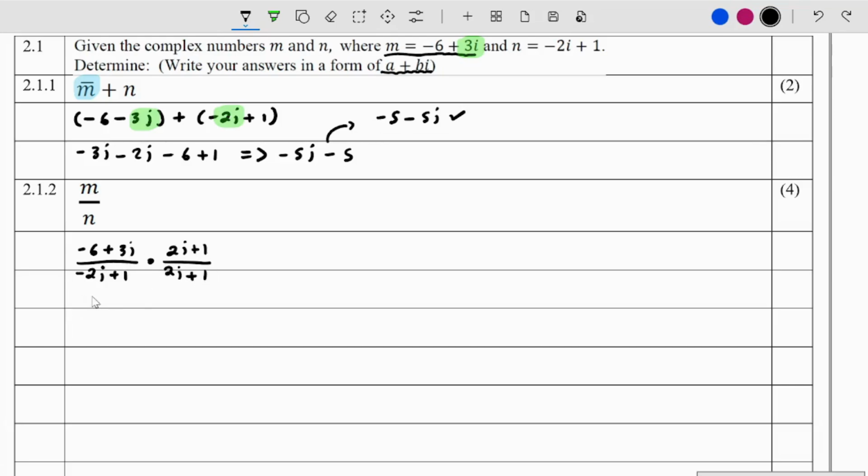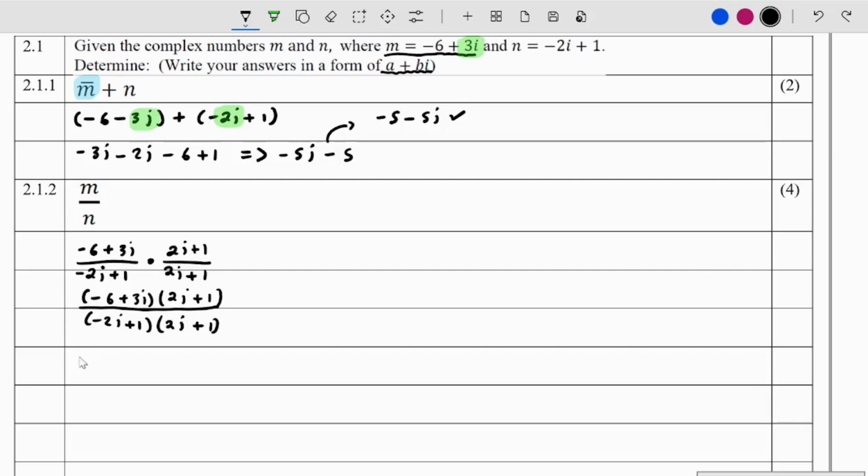Then let's do the multiplication. Let's combine them. We're going to have negative 6 plus 3i times 2i plus 1, and then in the denominator negative 2i plus 1 multiplied by 2i plus 1. Let's do the multiplication using the FOIL method.